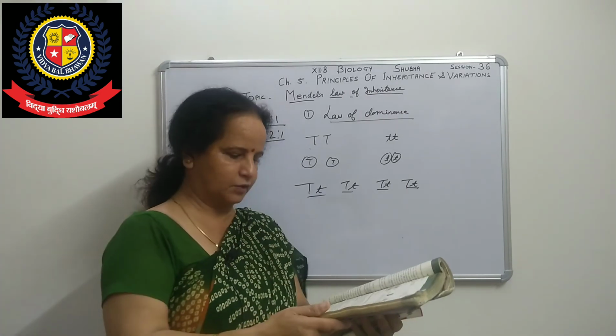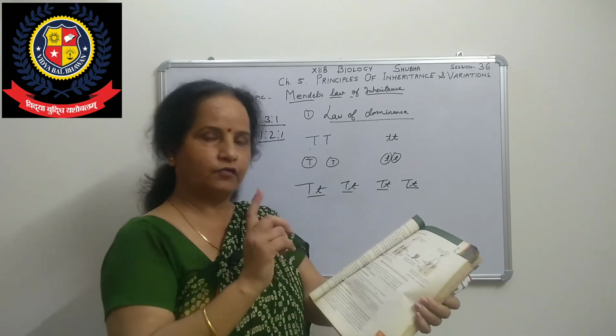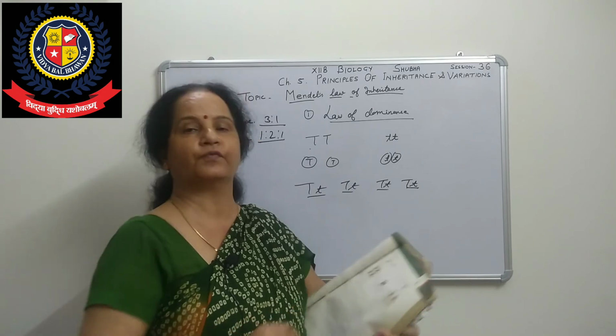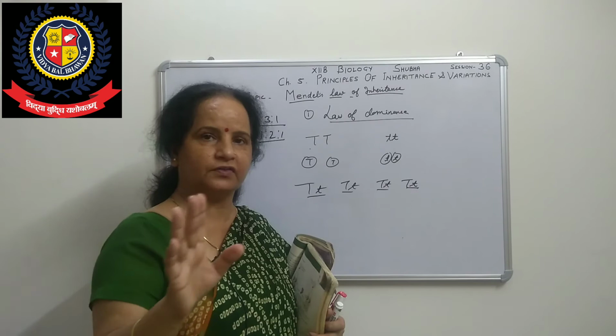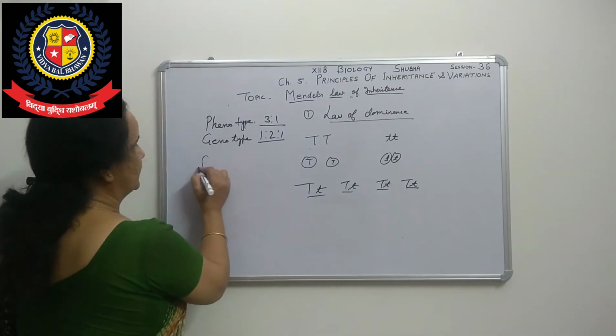Take out page number 75, law of dominance. In the law of dominance, see that characters are controlled by discrete units called factors. As you know, Mendel told at the time no genes were known, so he called them factors.